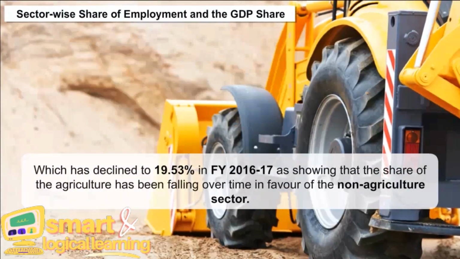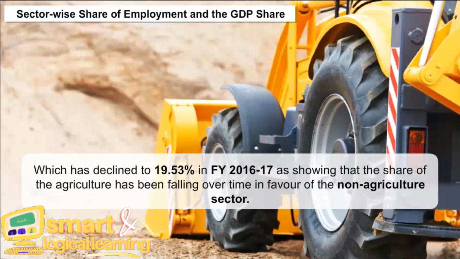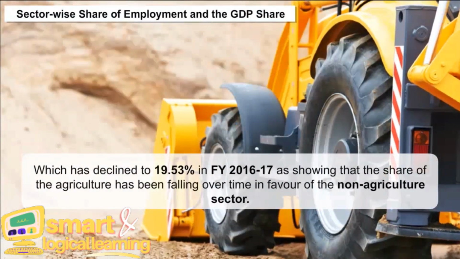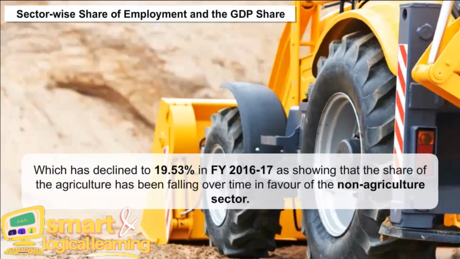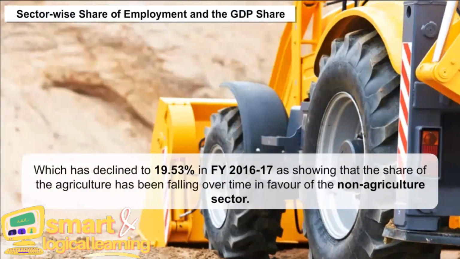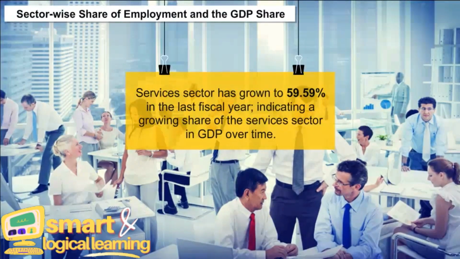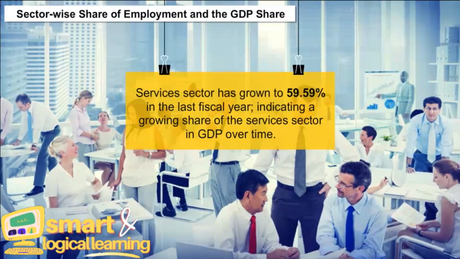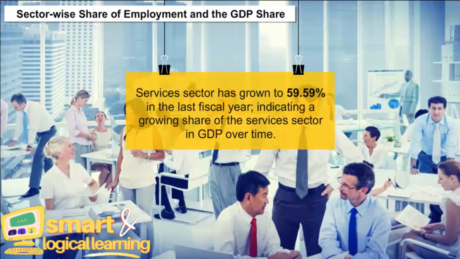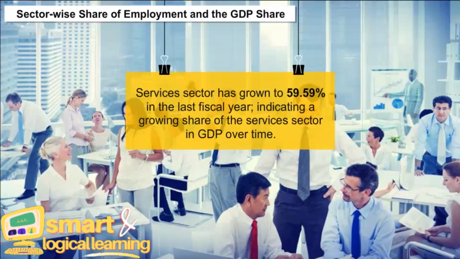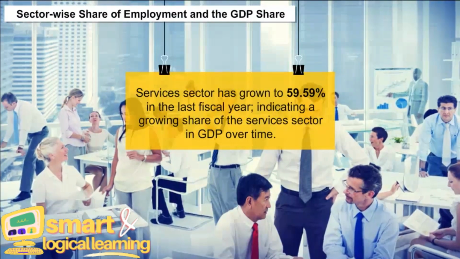This has shown that the share of agriculture has been falling over time in favor of the non-agriculture sector. However, the share of the services sector has grown to 59.59% in the last fiscal year, indicating a growing share of the service sector in GDP over time.